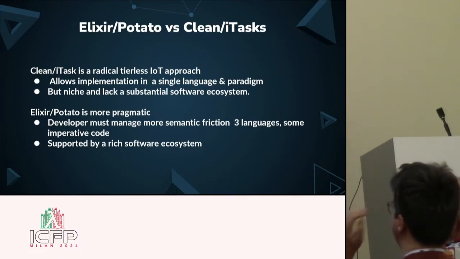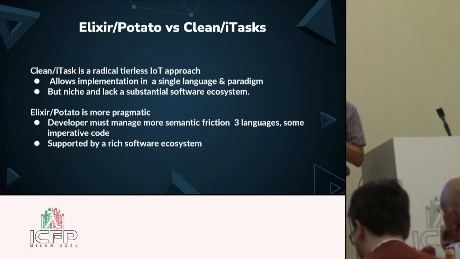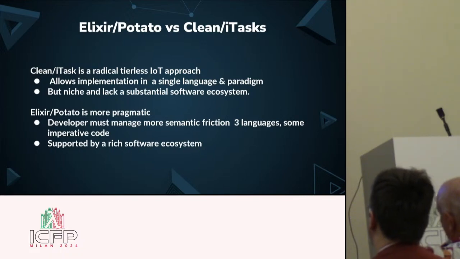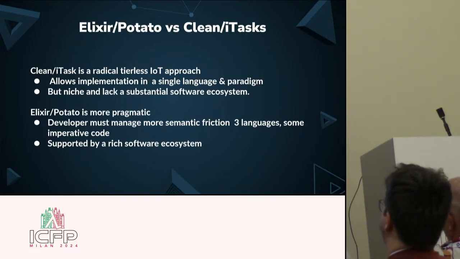It is used by some companies and organizations, but it doesn't have a very big software ecosystem. Elixir Potato is rather more pragmatic. You do end up managing more languages, and there is some imperative code, but the libraries that are available to you really help.